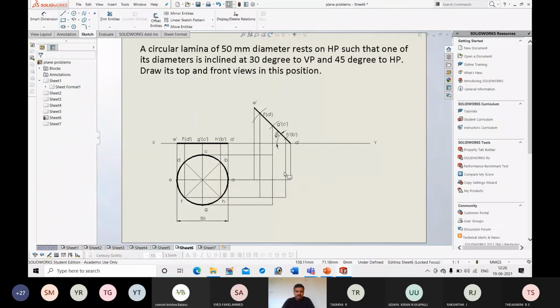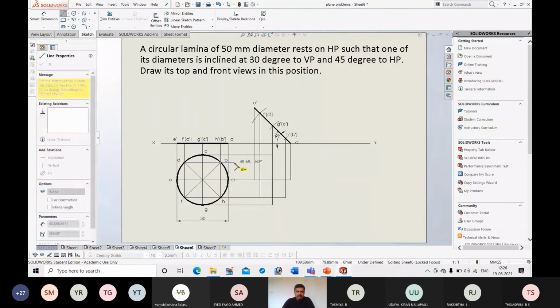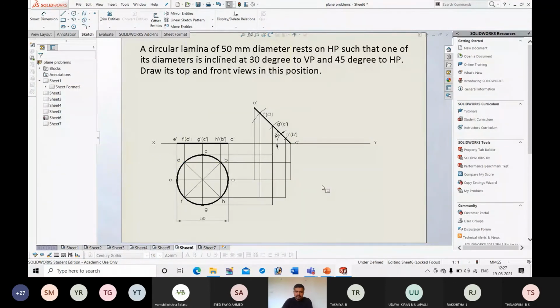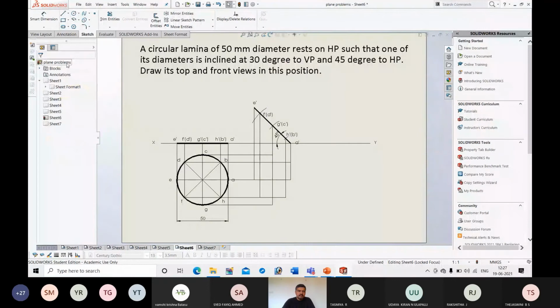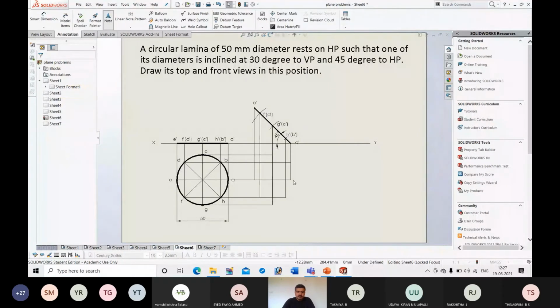Next, D and B. After that you can name the points.